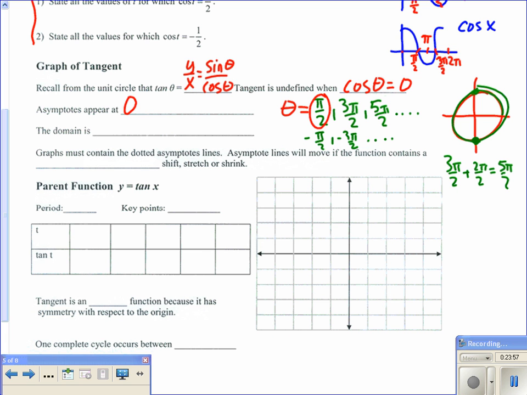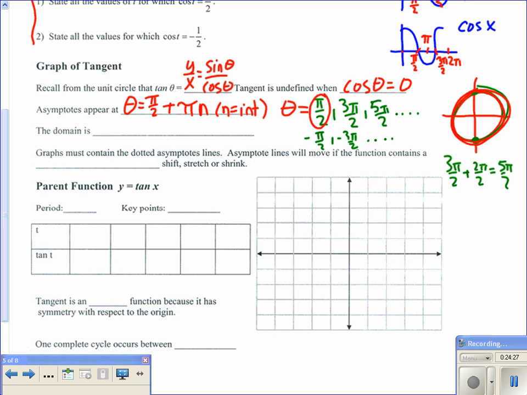So asymptotes appear when theta is equal to pi over 2 plus every single pi on my graph, so pi times n, where n is an integer.